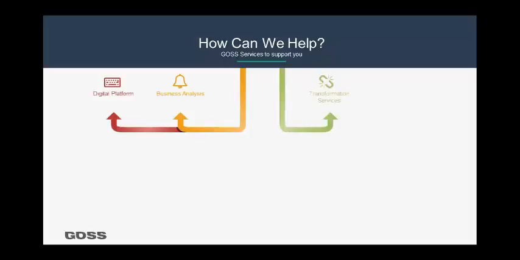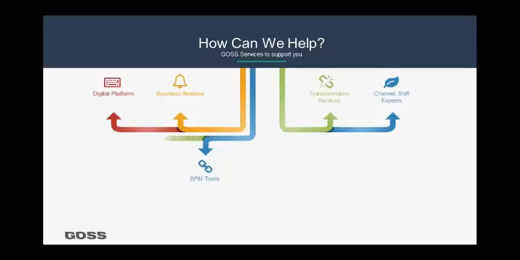So, how can we help? Well, here at GOSS, we've got a number of services we can help. We've got business analysis services. I've been working with a number of clients to help them look at their processes and redesign them for the digital platform. We've got the digital platform. We have the tools to help you deliver those services online. We've got transformation services around the wider channel shift arena, and we've got channel shift experts.